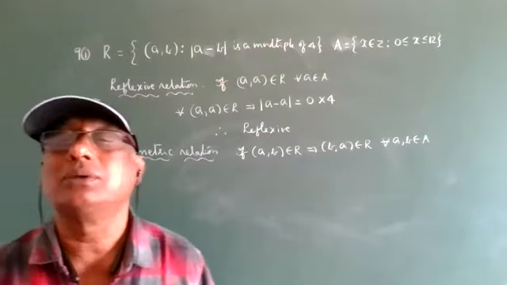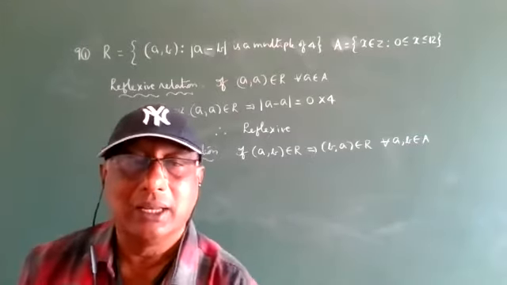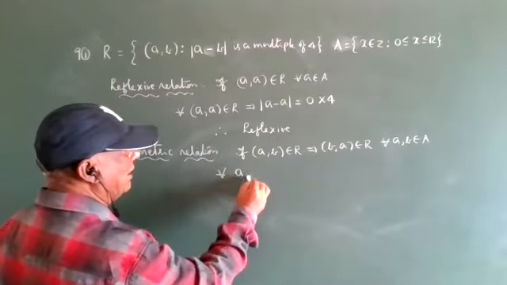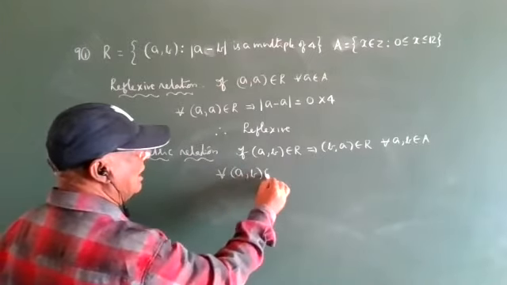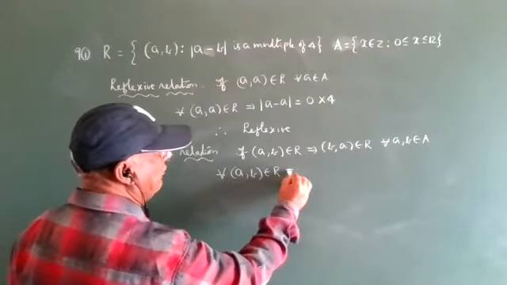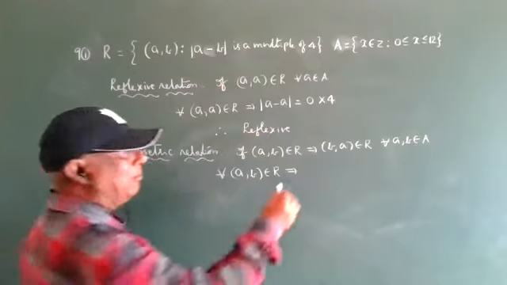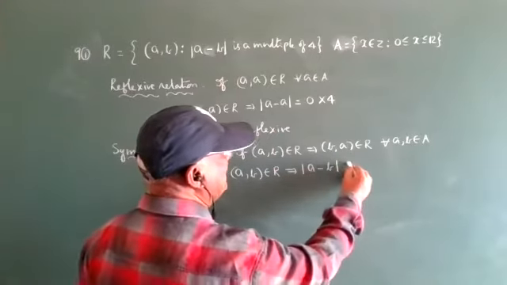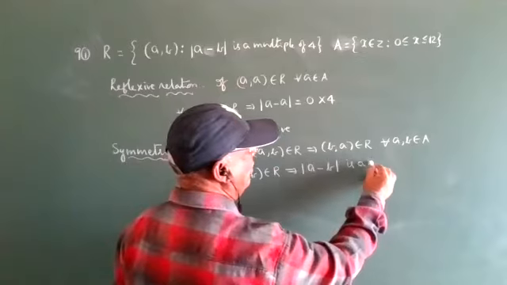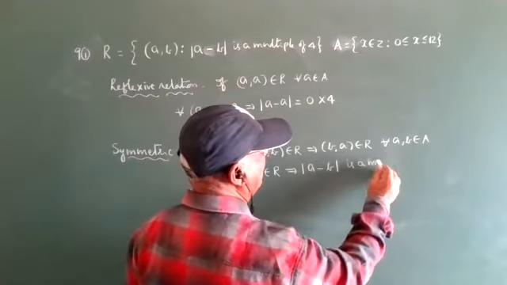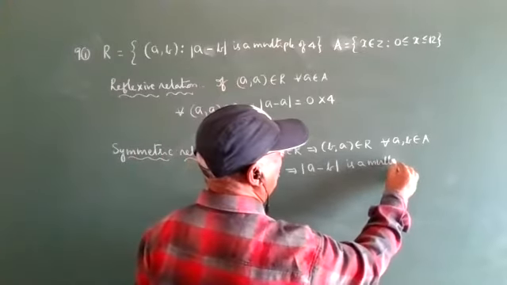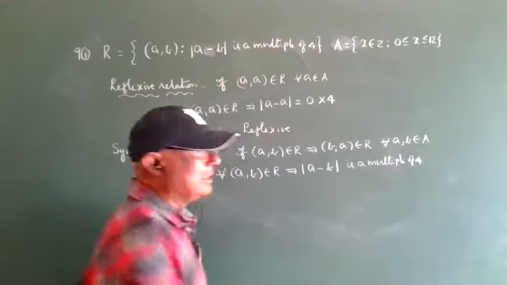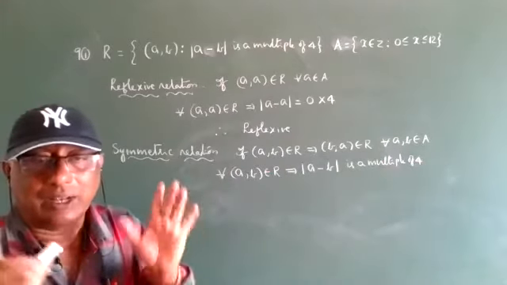Is it clear? Now see this. For A comma B belongs to R, by the definition, modulus of A minus B is a multiple of 4.